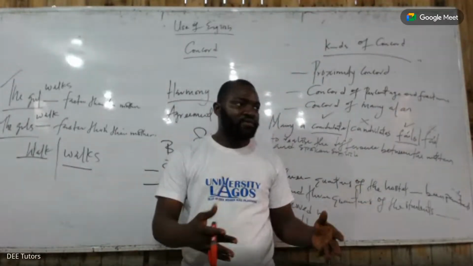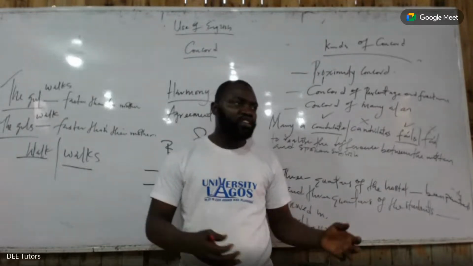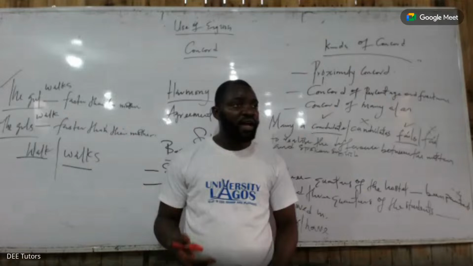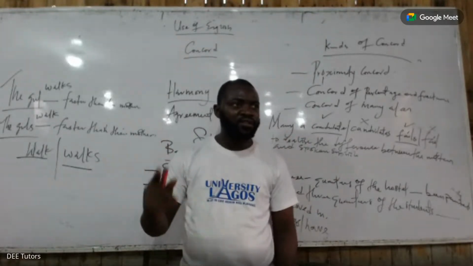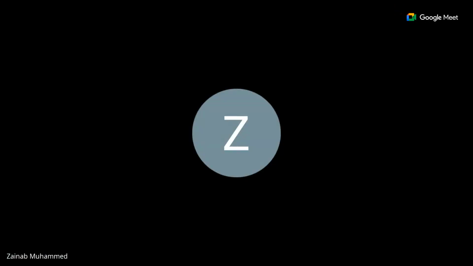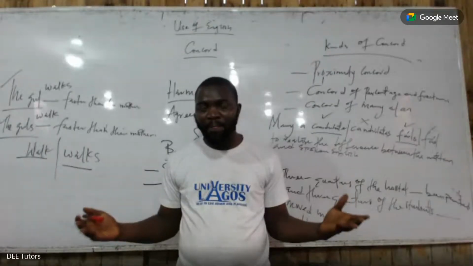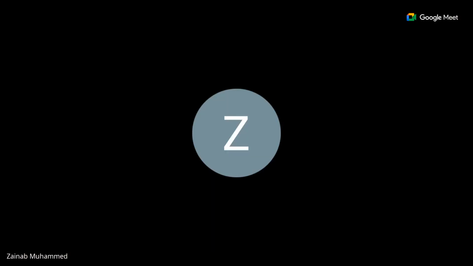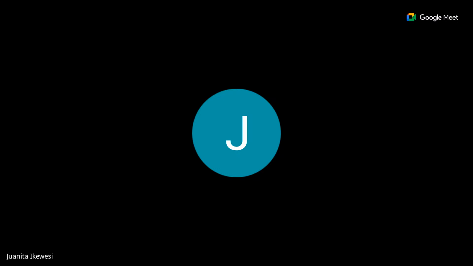Anytime many a or many an is used as the subject of a sentence, it should be immediately followed by a singular noun and a singular verb. I hope that is clear. Is that clear? Yes, sir. Students online, do you understand? Yes, sir.